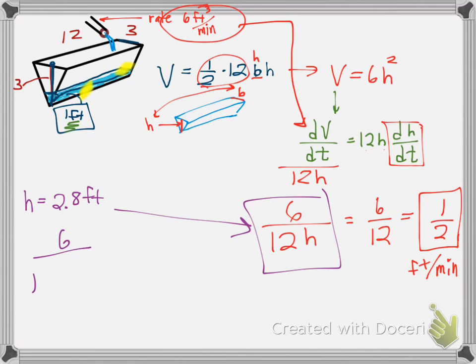So I have 6 over 12 times 2.8, and I'm getting about 0.179 feet every minute. So it only has 2/10 of a foot to go. So in 1 minute, it will be just about full. So I better shut off the water. And that's another related rates problem.